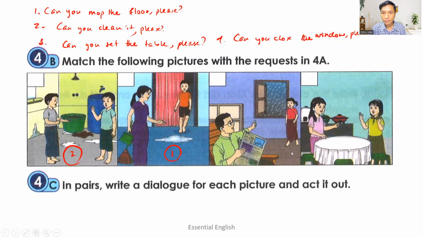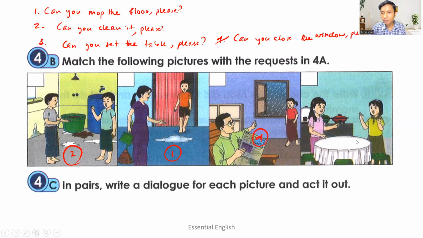And the next one, it's raining, and the father is reading a newspaper, and the girl is near the window. So what does the father want the girl to do? He wants her to close the window. So he makes a request. Can you close the window, please? So you have to use request 4.